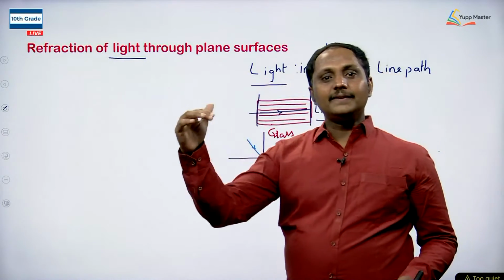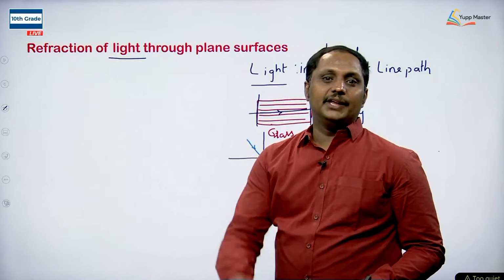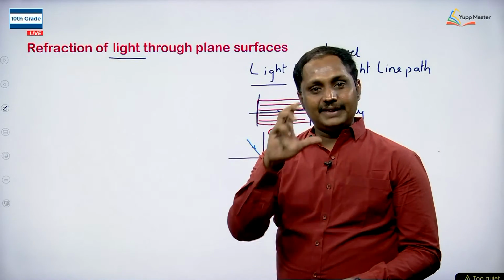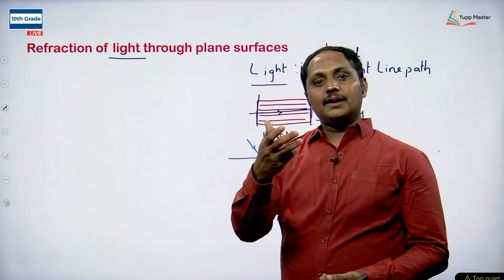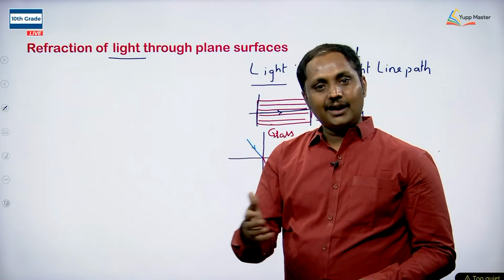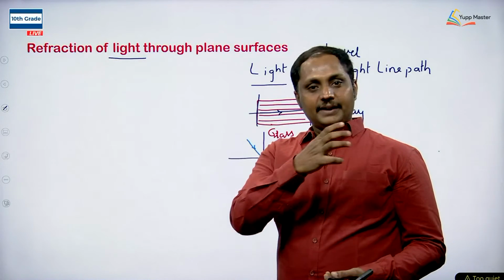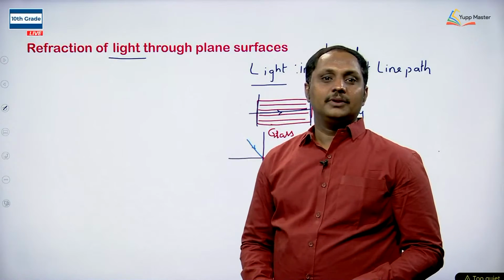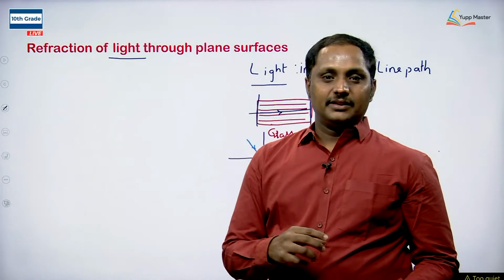Whenever light rays are allowed to move in the same medium, there is no change if the density is the same. Suppose light rays are moving in water, in glass, in diamond, in quartz, or in vacuum, in any medium, there is no change.